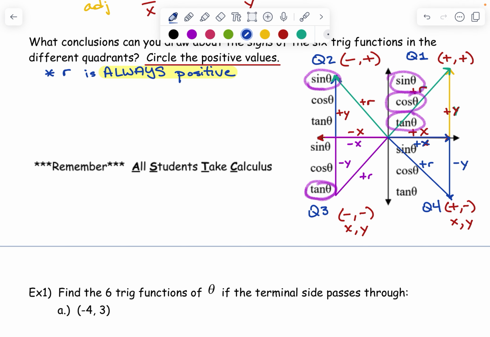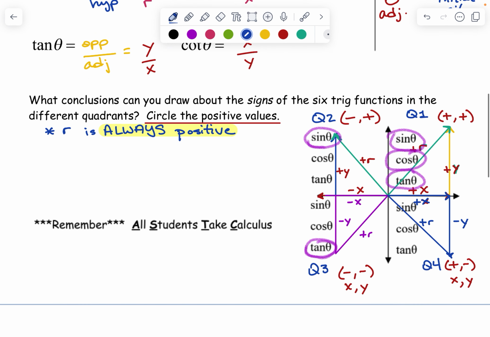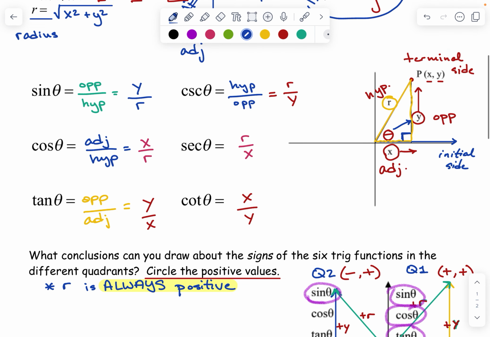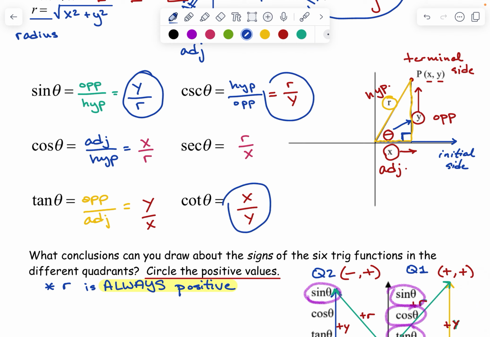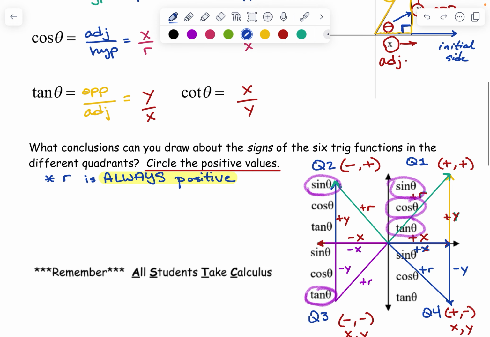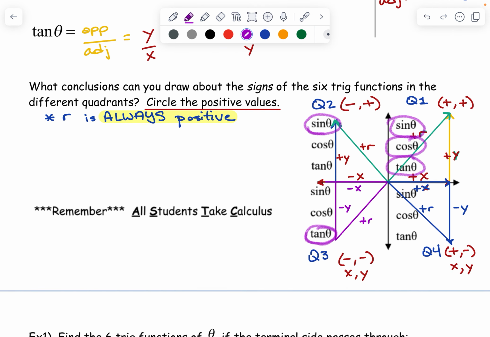So anything that has the y in it, look up here, right there, right there, right there, those will all be negative. So what does that leave me? It just leaves me cosine and secant. So I'm going to circle the cosine right there, and its reciprocal.